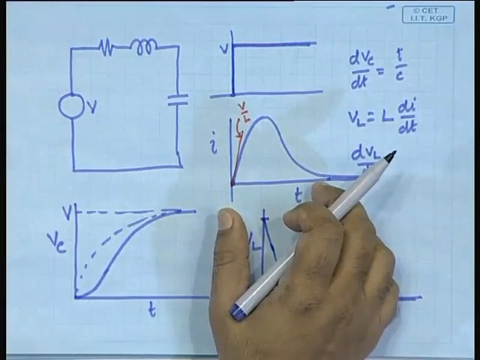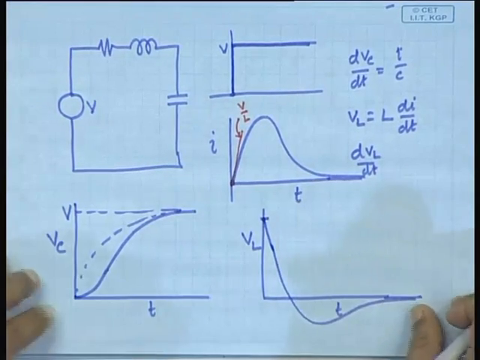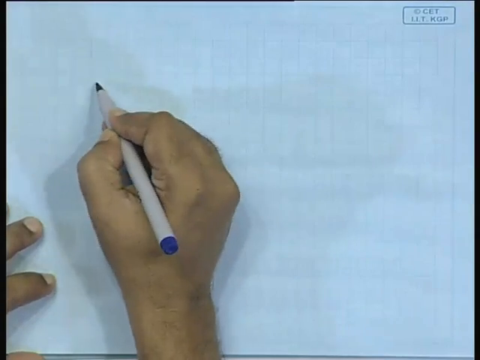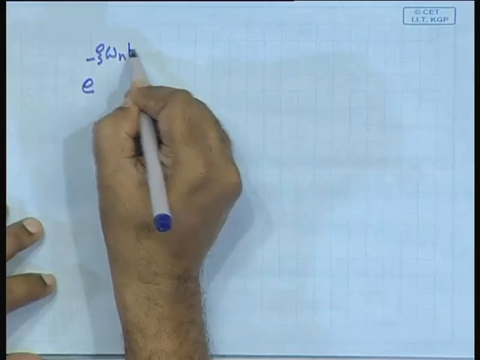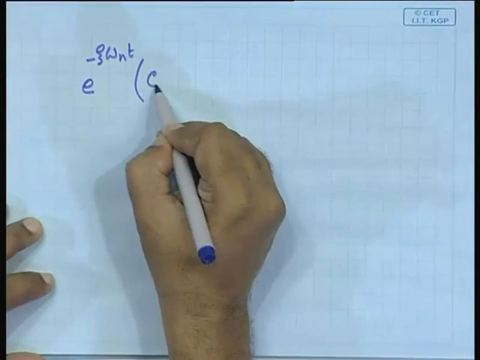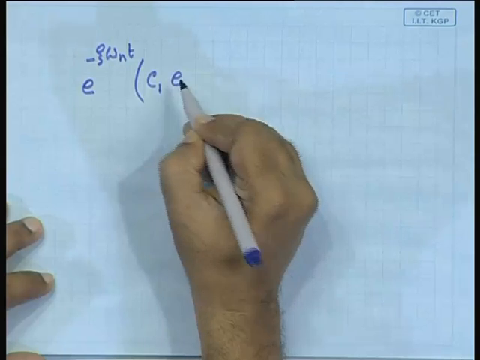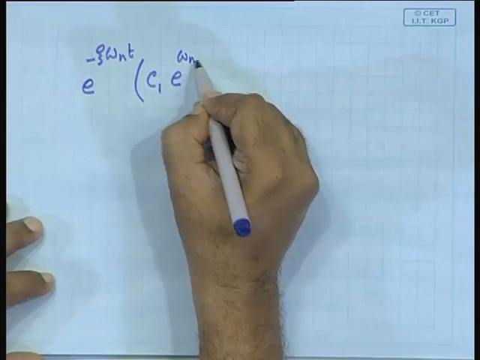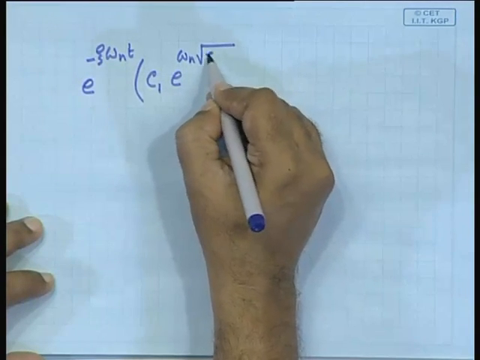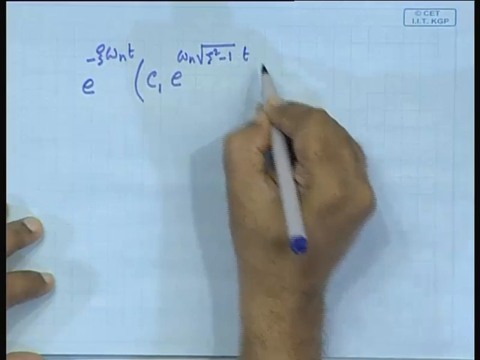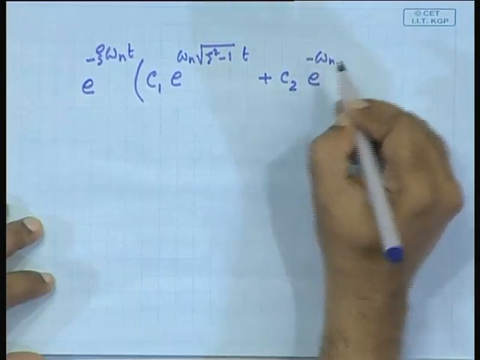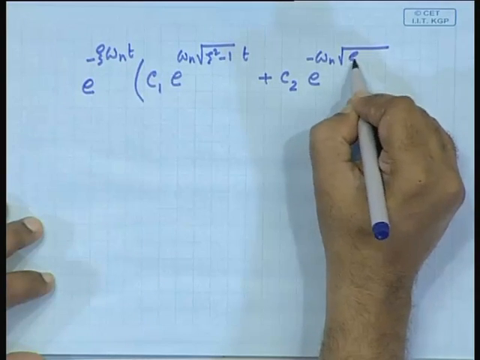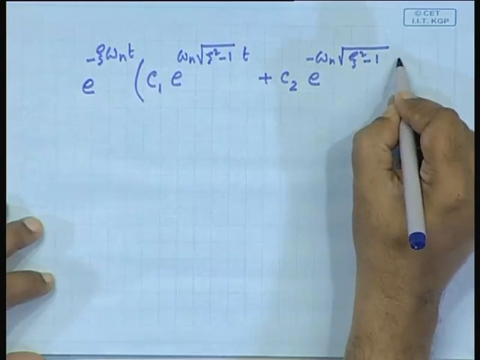And we had earlier seen that the expression of this will be something like e to the power minus zeta omega n t, times C1 e to the power omega n root over zeta square minus 1 t plus C2 e to the power minus omega n root over zeta square minus 1 t.